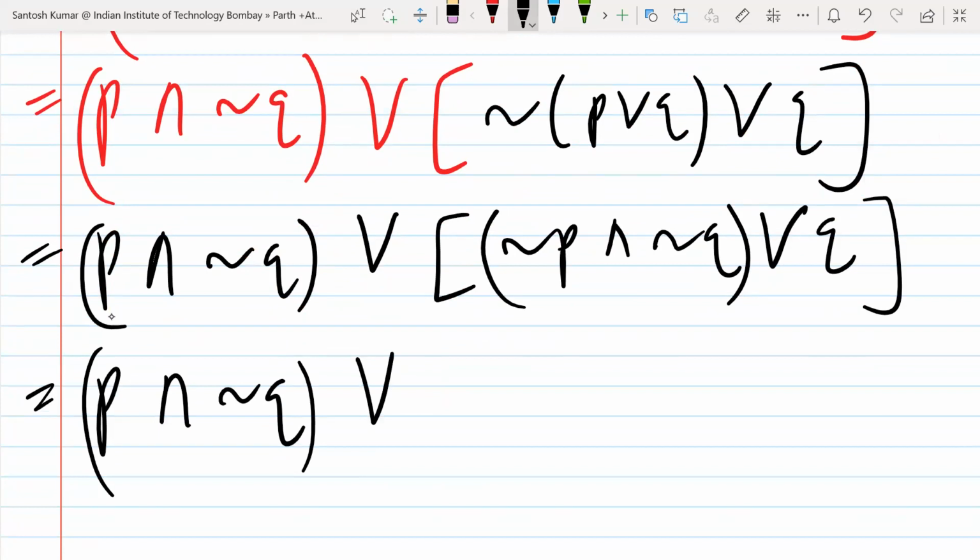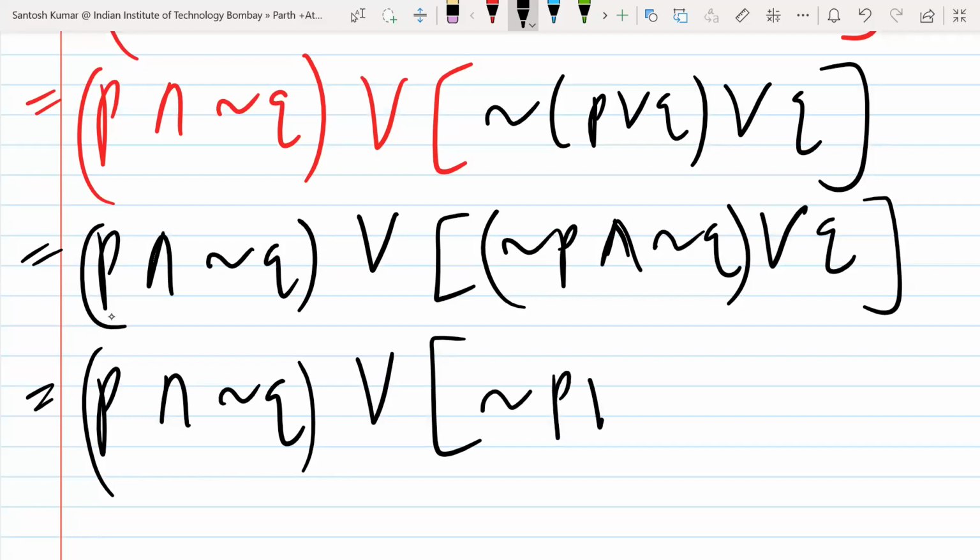Now you apply the associative law, or you can distribute it if you want. So we can distribute it. So not P and not Q, okay, or Q. So you apply the distributive law.